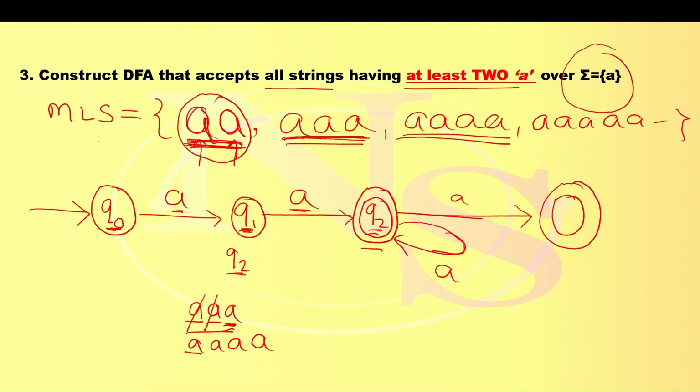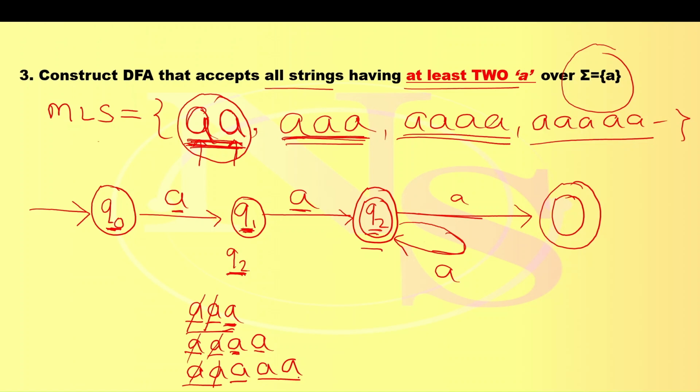The first A is read by Q0, the second A by Q1, the third A Q2 has to read, but after this third A, one more A is coming. If I take another string, 5 A's, it is a similar scenario. The first 2 A's are read by Q0 and Q1, the third A Q2 has to read, and after that many A's are coming.